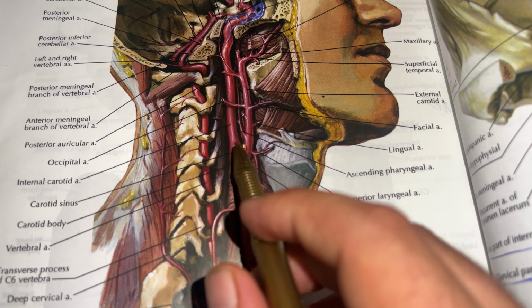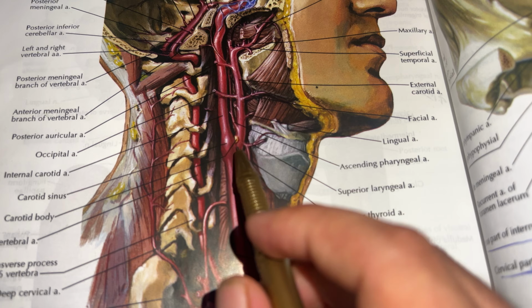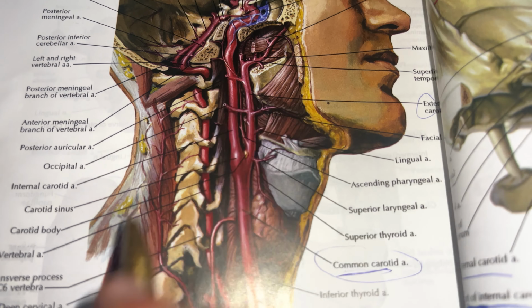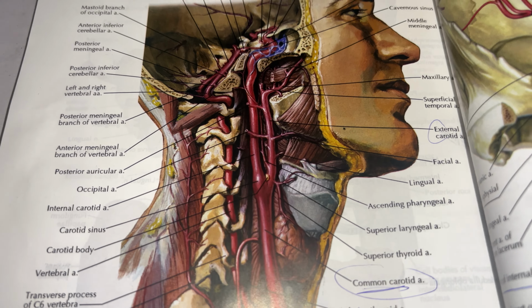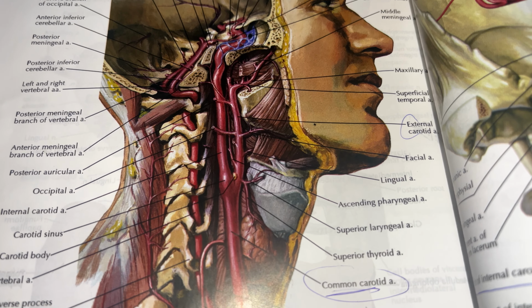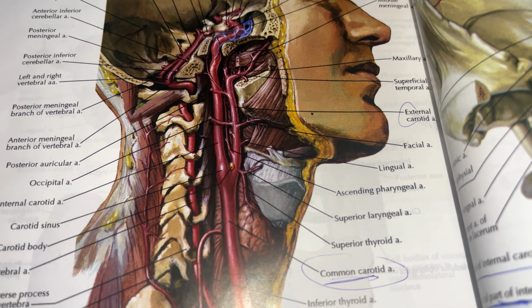One is the internal carotid artery and the other is the external carotid artery. The internal carotid artery gives blood supply to the brain structures.